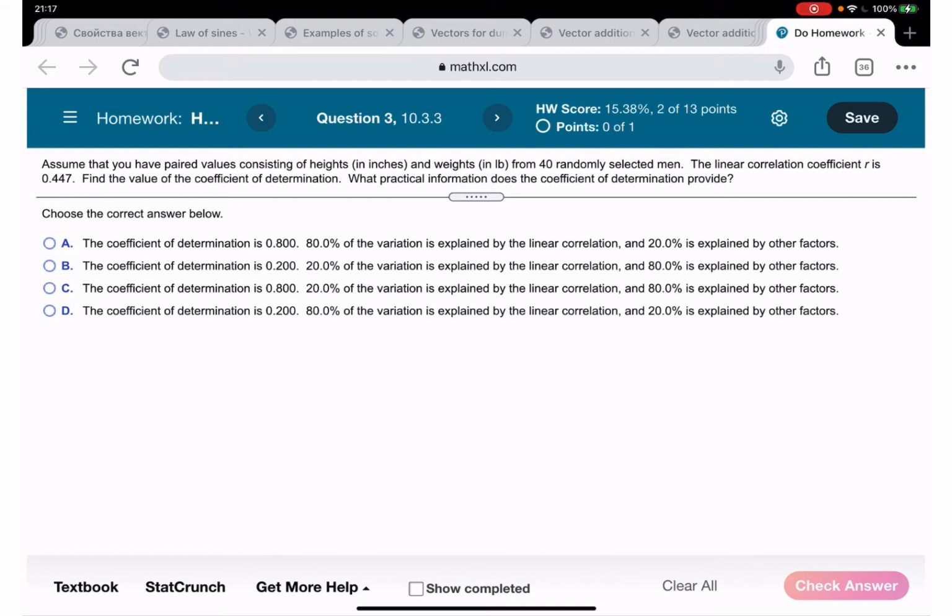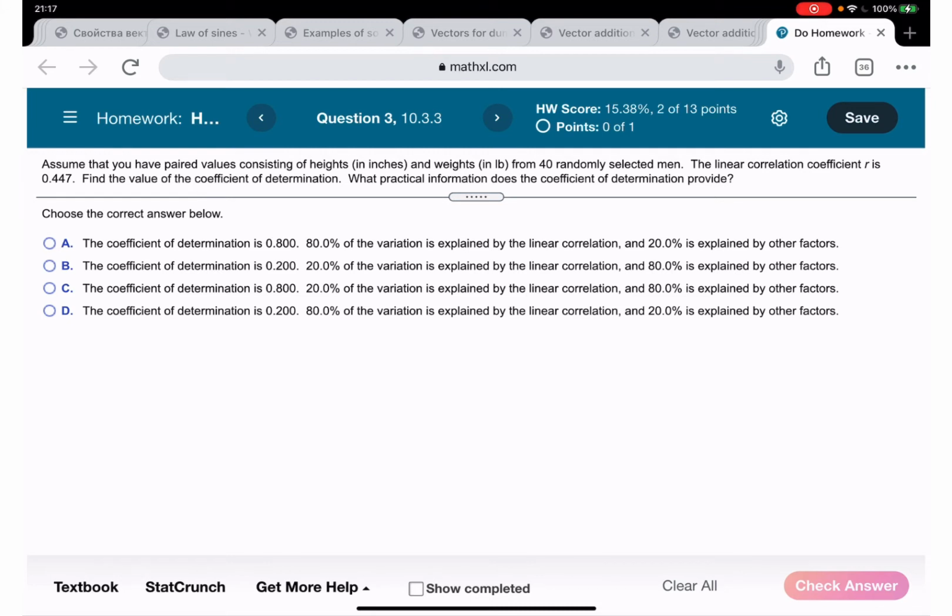What practical information does the coefficient of determination provide? We learned that the coefficient of determination is the correlation coefficient squared. So what information does it carry?